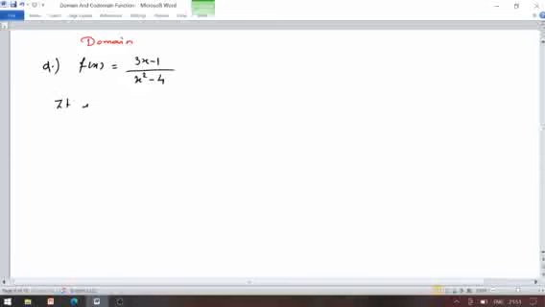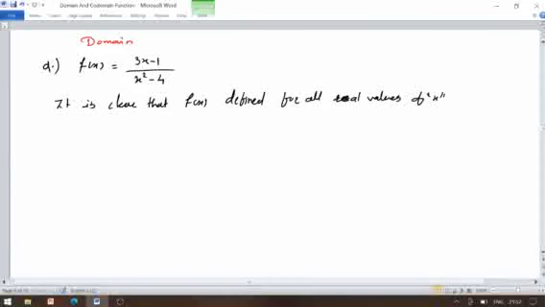So it is clear that f of x is defined for all real values of x except those values which give us the denominator as 0. So except for the case x square minus 4 equals 0.